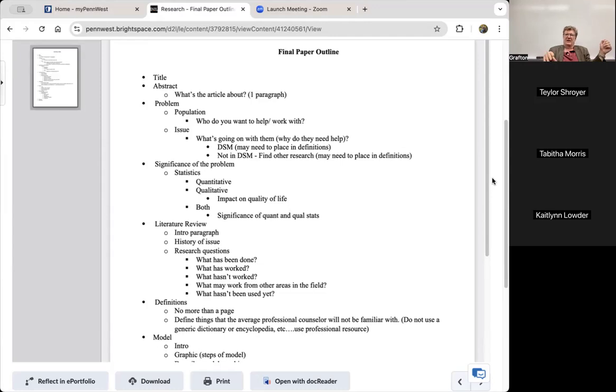And then at the end, you're going to have the finished paper with lit review and model, and you're going to have like a PowerPoint presentation, which is easy because it's already written in your paper. You're just going to talk about the different sections in a PowerPoint.